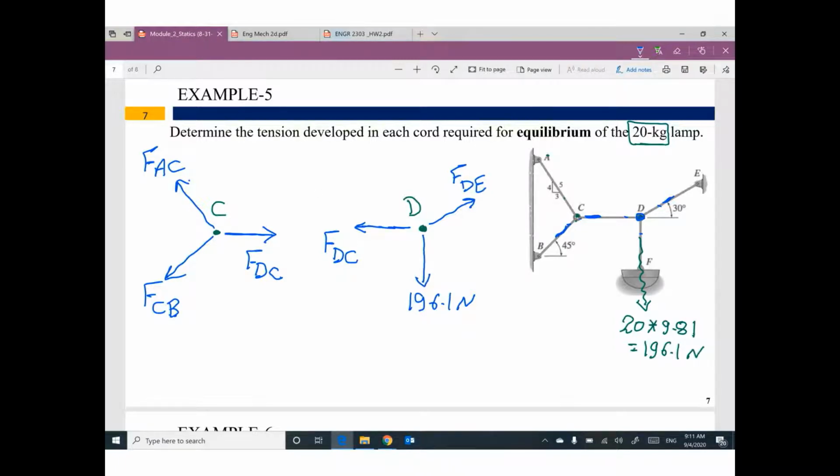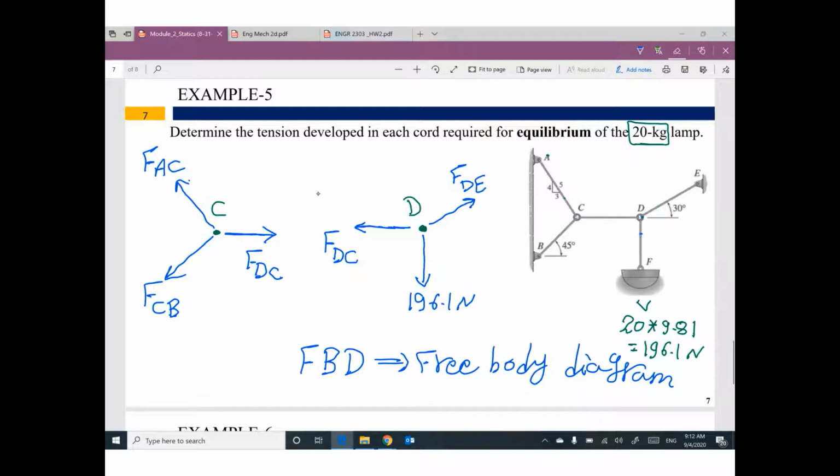Okay, go ahead and try to draw something I told you last time, which is called a free body diagram. Free body diagram means you have a system, you have something in real life, like you are seeing this system to support this lamp. I will convert this system in real life to something related to engineering mechanics.